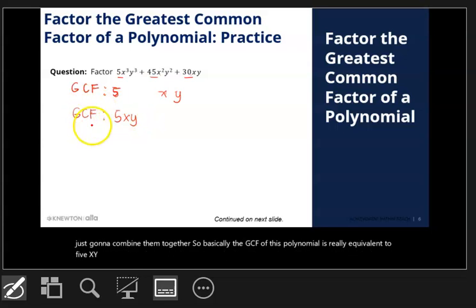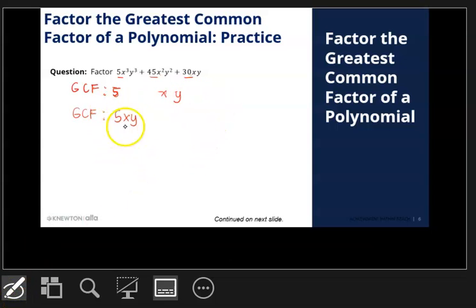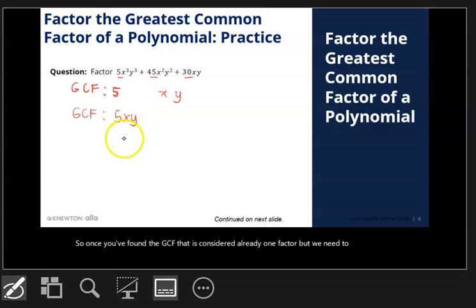This GCF tells us that this is the factor, the expression, or the term that can divide each of the terms in our polynomial evenly. Once you've found the GCF, that is considered already one factor. But we need to find the other factor as well.